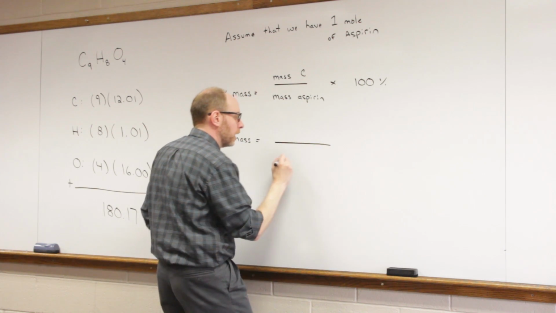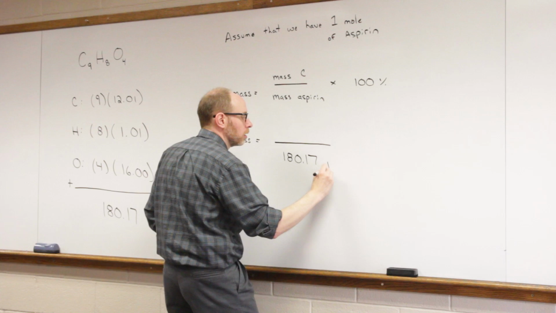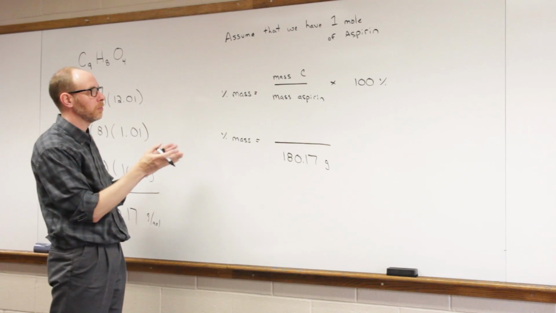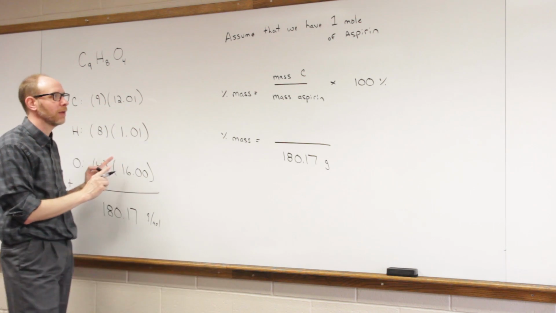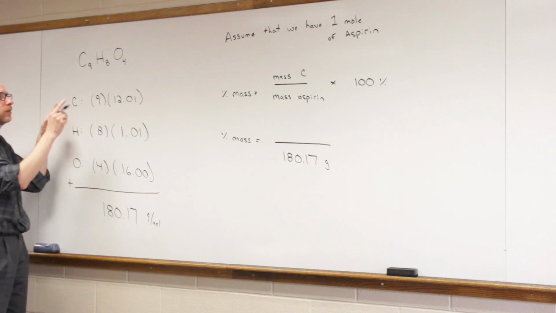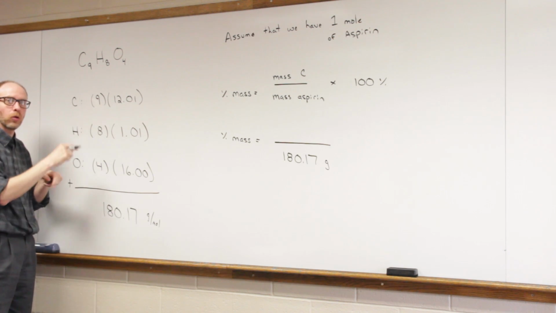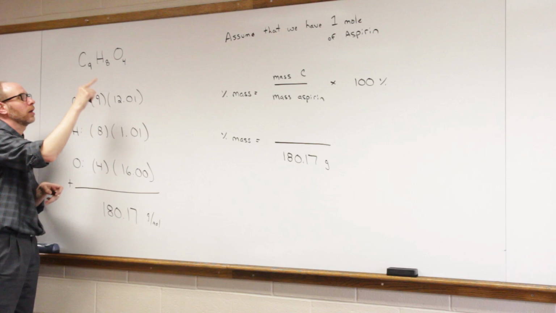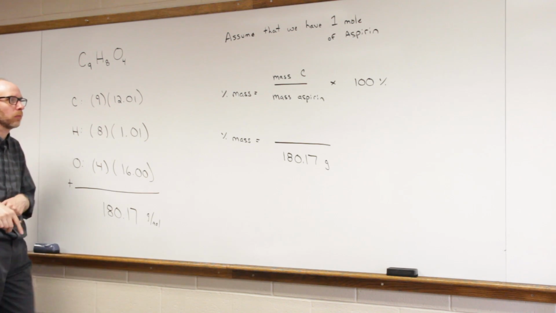So my denominator is 180.17 grams of aspirin. The top is going to be how many grams of carbon we have. We're going to have to come back and take a look at what we've done to figure out the molar mass. Because remember, we've got 9 carbon atoms, and it's 12.01 grams per mole.